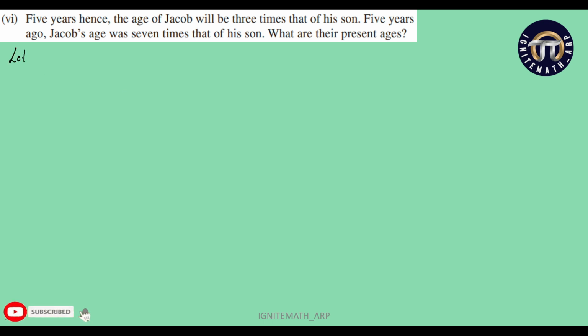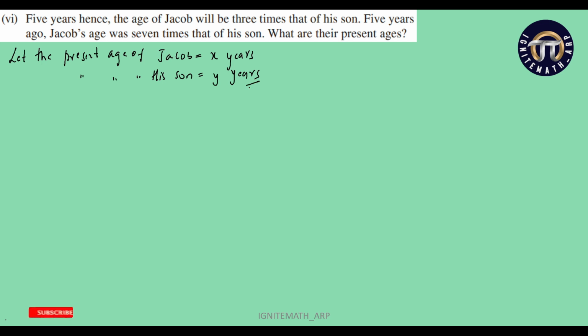Clear? So let the present age of Jacob be x years. And the present age of his son is y years. Clear children? Okay. 5 years hence, in the sense 5 years after, the age of Jacob.